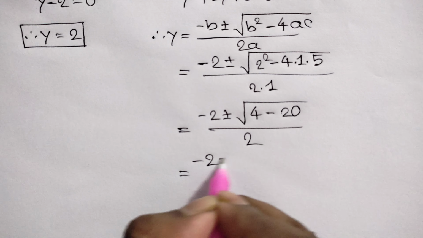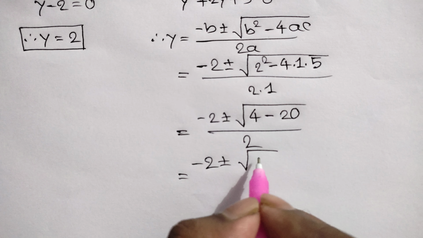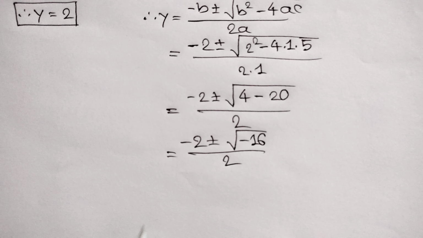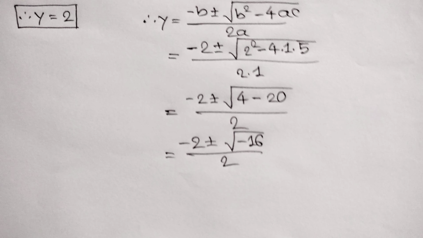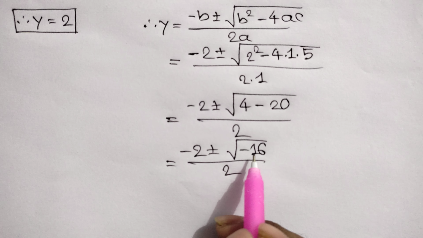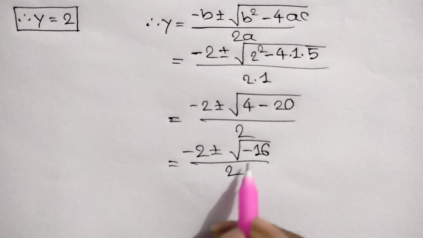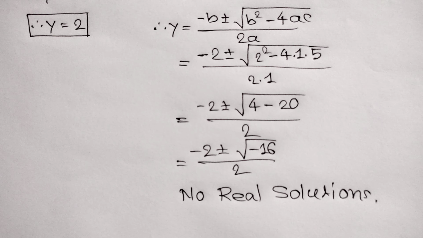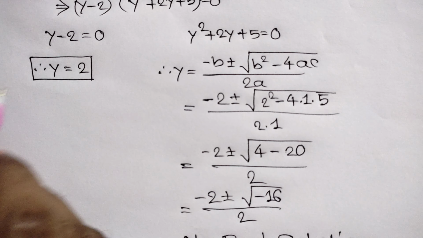That is minus 2 plus or minus square root of 4 minus 20, which is negative 16, over 2. Now you can see the discriminant is a negative number, so there are no real solutions. So our final answer is y is equal to 2.